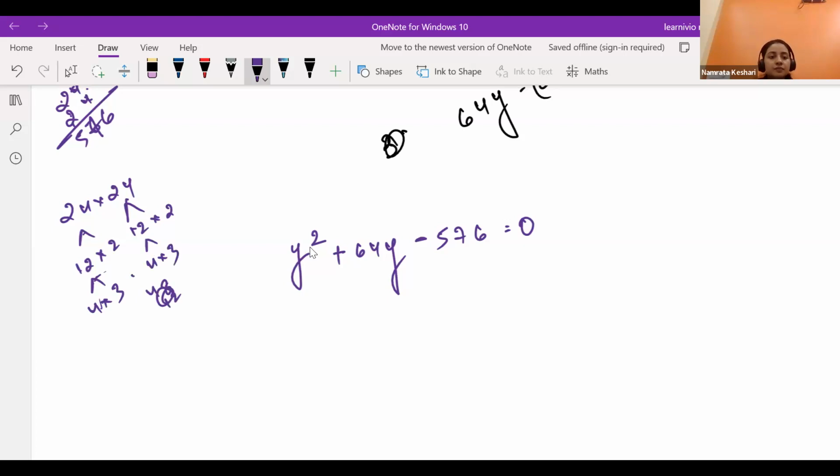You have to do the factorization and check which two numbers multiplied together create 576 and added or subtracted together create 64. Let me check: 4 times 16, 32 times 6, 6 times 36. So basically 16 into 36 is also 576. Let me check whether it gives 64. No, it is not giving 64.